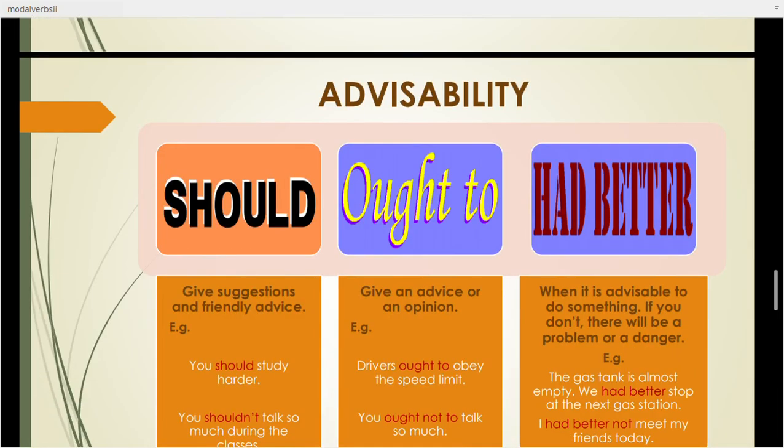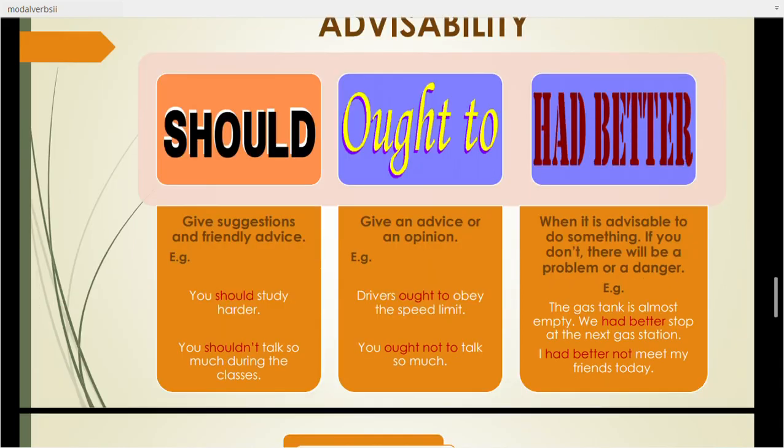The next group, we have the advisability context. Here we can find three words or modal verbs: should, ought to, and had better. Should, we can use to give suggestions and friendly advice.